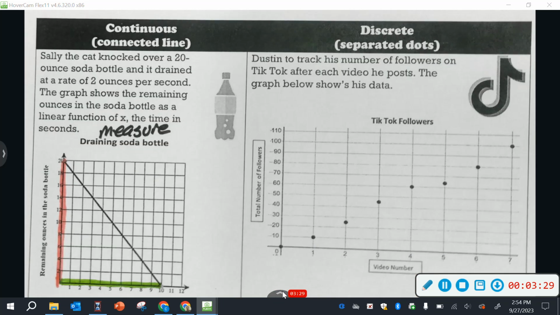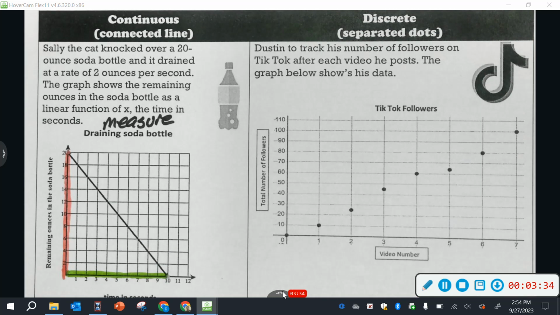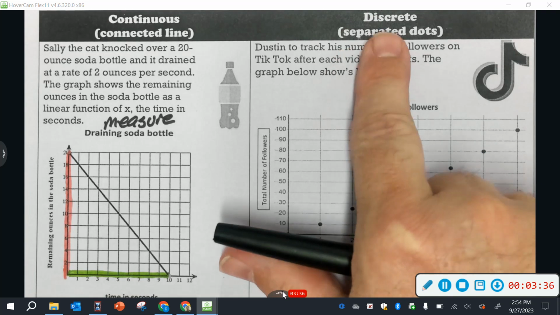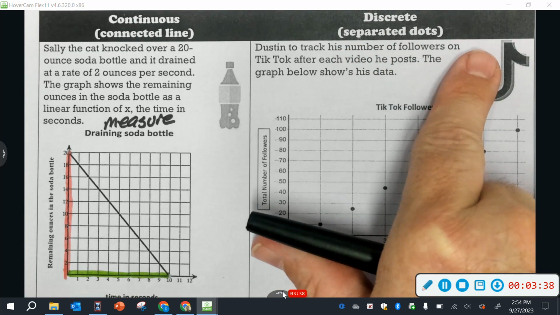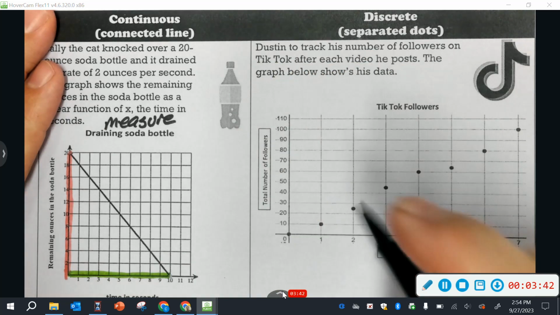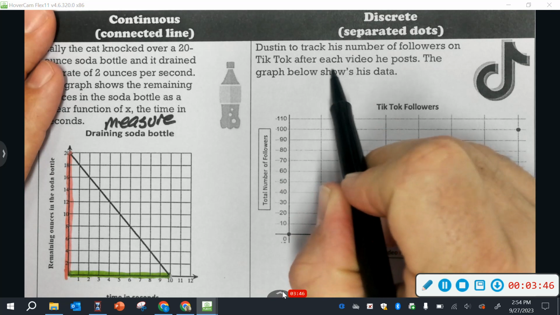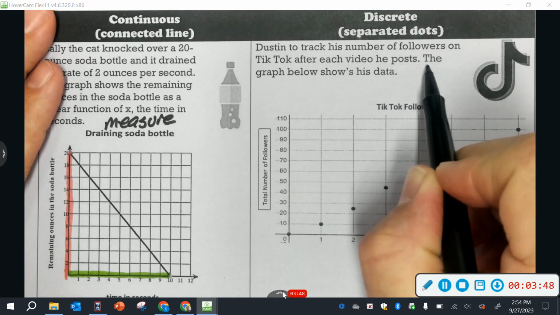Okay, so now we have a discrete situation over here. All right, so when you have a discrete situation, the dots are separated. All right, so we can tell this is a discrete situation because Dustin is tracking his number of followers on TikTok after each video he posts.